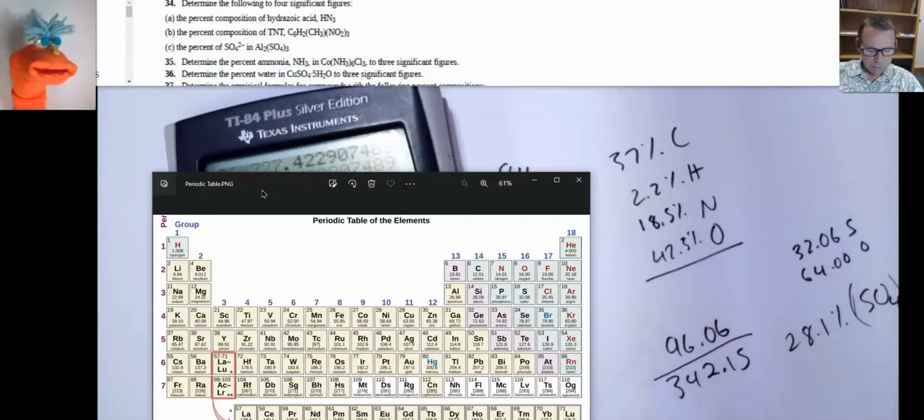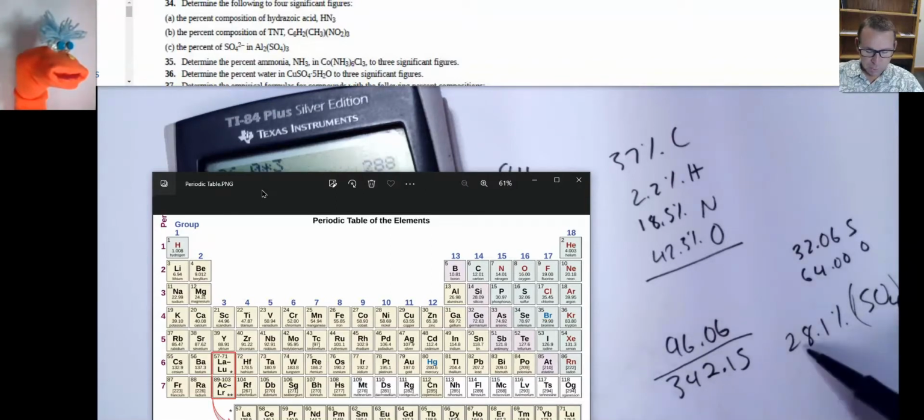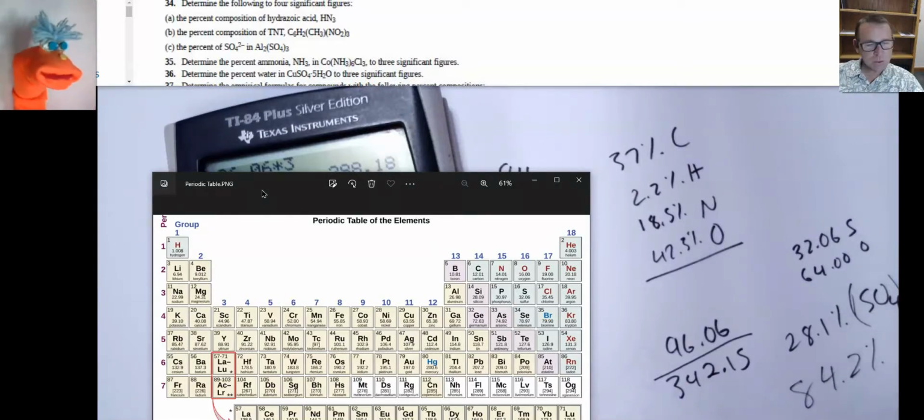I think we have to multiply the 96.06 by 3, and then divide that by the 342.15, which should be the same result as multiplying this 28 by 3, right? So either 28% is a single sulfate, but 84.2% of it is 3 sulfates.